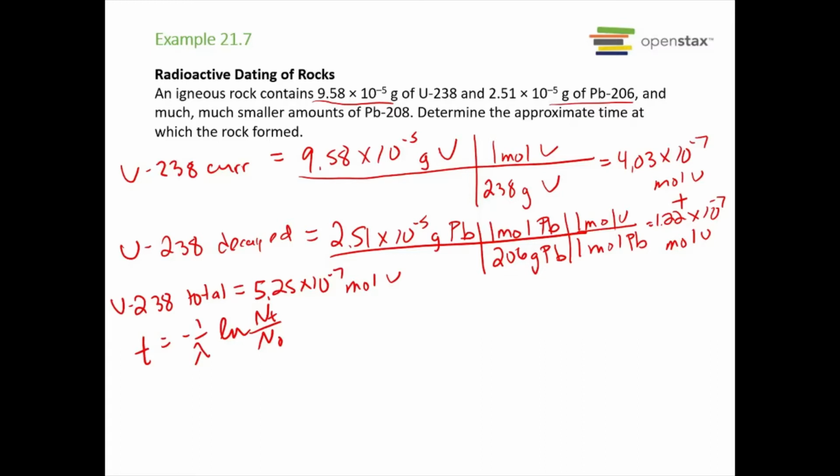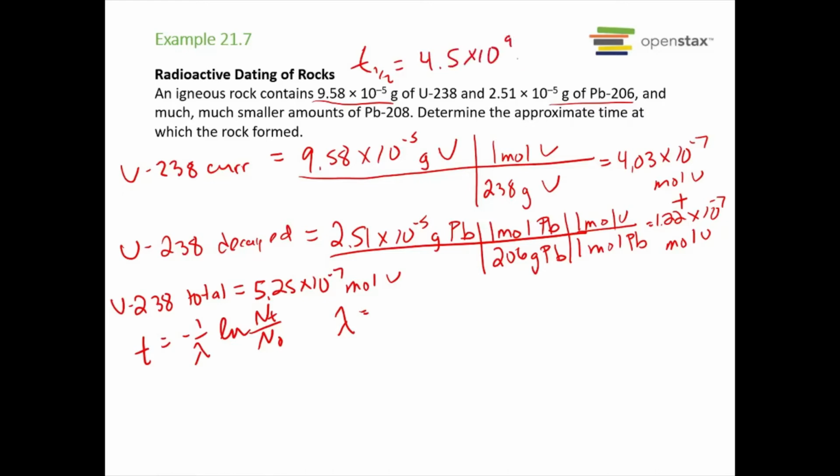And then to find our decay constant, our half-life is equal to 4.5 times 10 to the 9th years. And that was given to us earlier, 4.5 billion years.